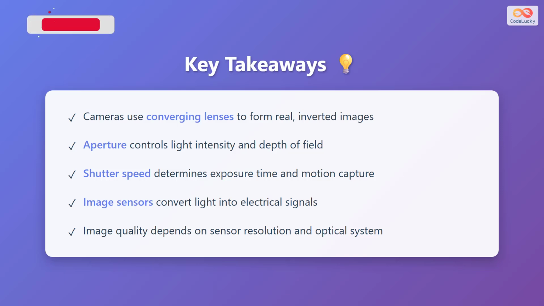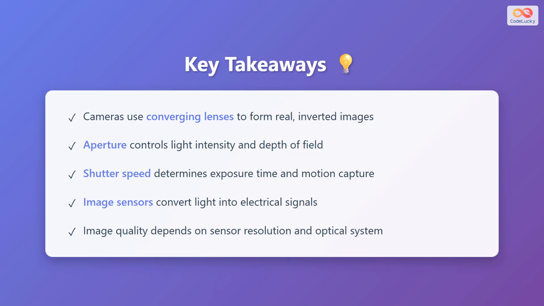Let's review the key concepts we've covered in this lesson. First, cameras use converging lenses to form real, inverted images on a sensor or film, applying fundamental principles of optics to capture scenes from the real world. Second, the aperture controls both light intensity entering the camera and depth of field, allowing photographers to create images with selective focus. Third, shutter speed determines the exposure time and affects motion capture, giving creative control over how movement is represented.